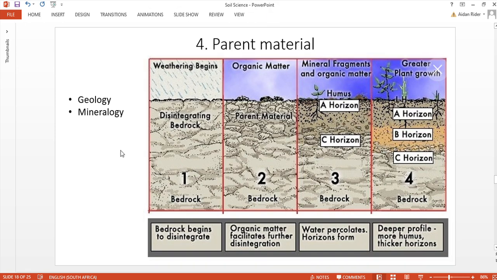So the end product usually tells you what the parent material was. And then mineralogy has to do with the type of minerals inside, and also the texture. So if the parent material was coarse, it feels rough, then your end product, the soil, will also be a bit rough, based on the minerals that are inside.